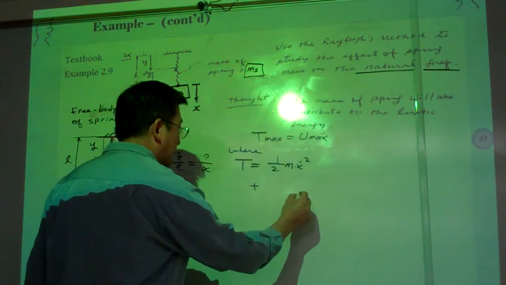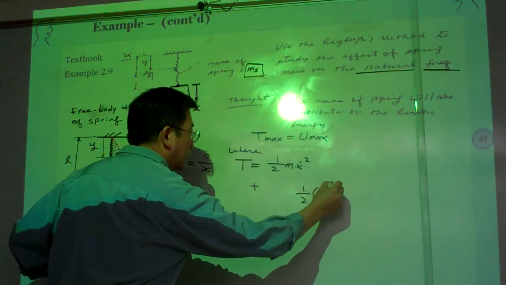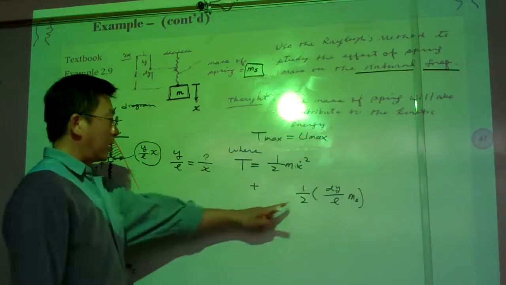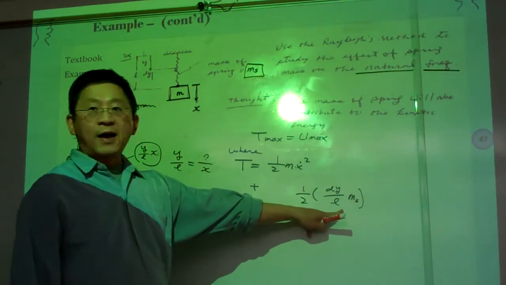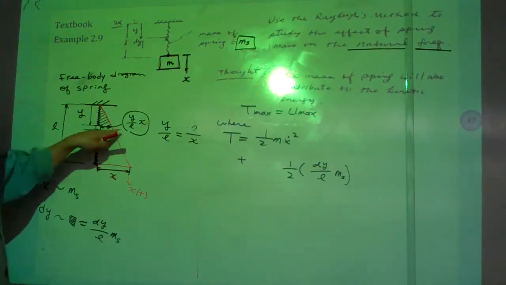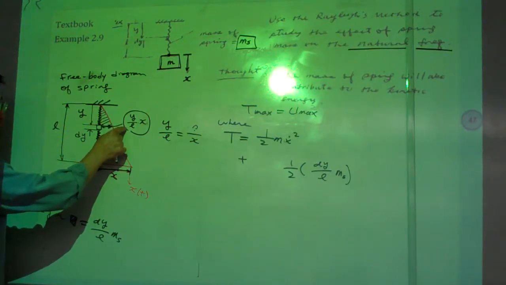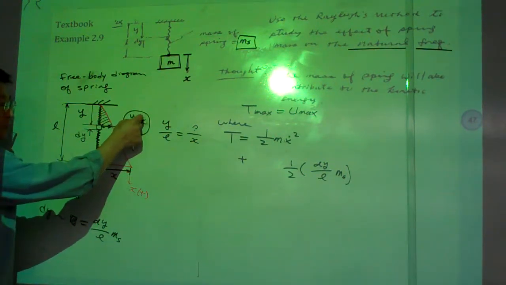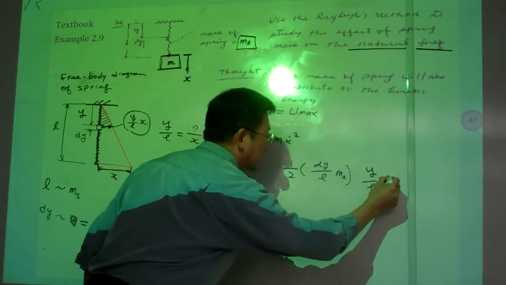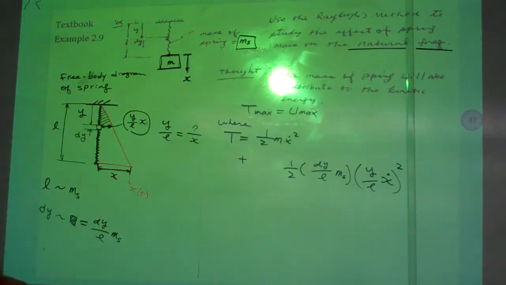So it's 1/2 of the mass, which is dy over L times ms, times the corresponding velocity squared. The corresponding displacement is y over L times x, so its velocity is simply the derivative, y over L times x dot, squared.